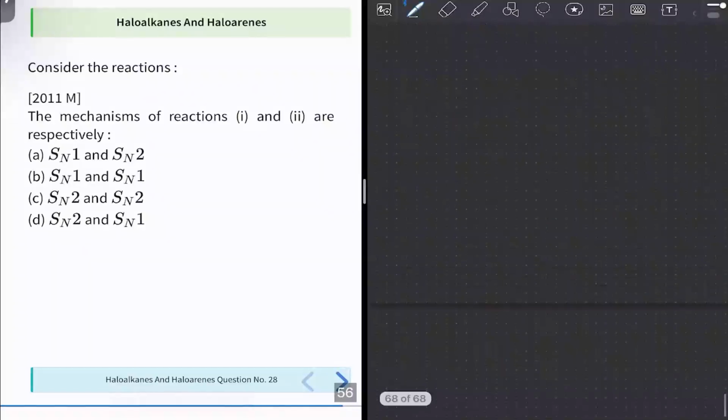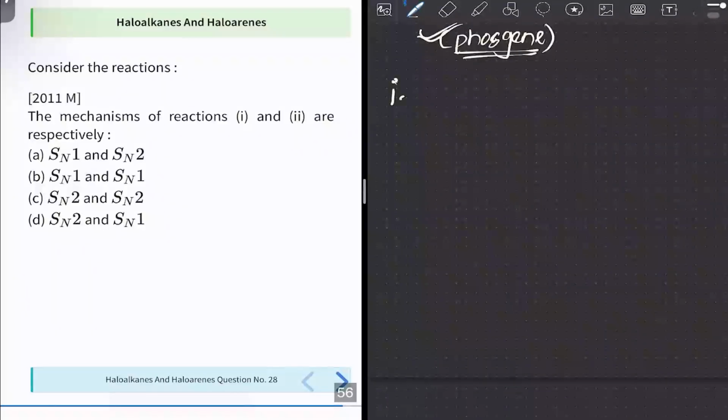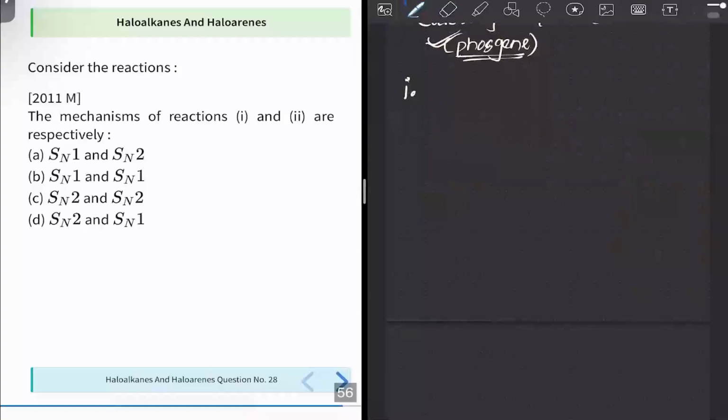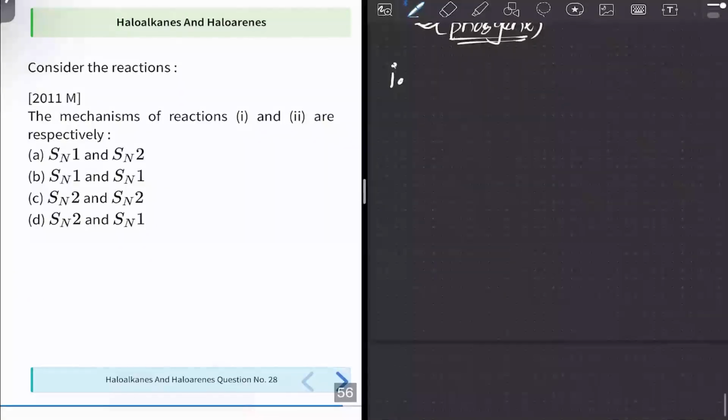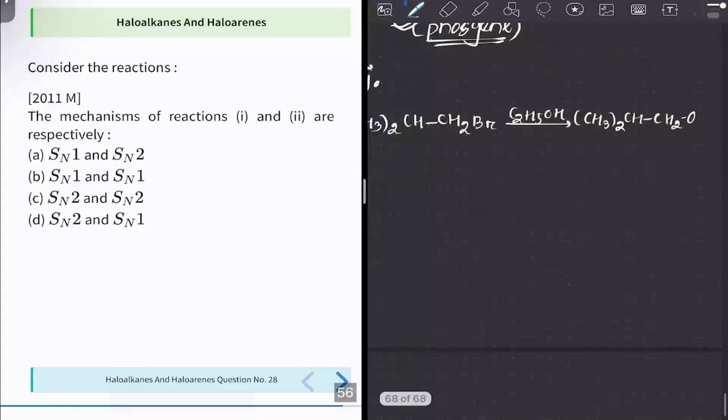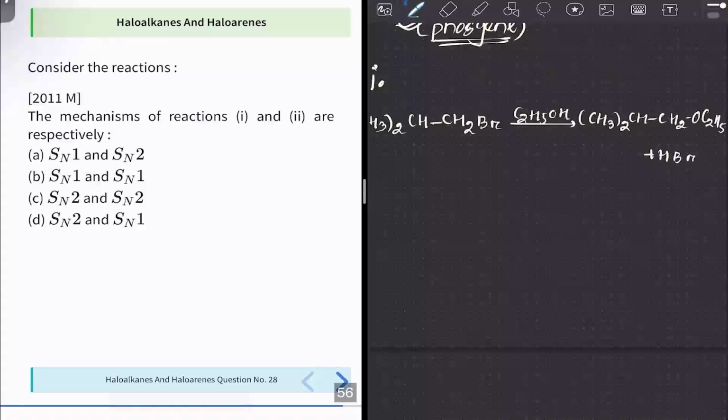Reaction 1 is (CH3)2CHCH2Br reacting with C2H5OH to form (CH3)2CHCH2OC2H5 plus HBr. This is reaction 1.